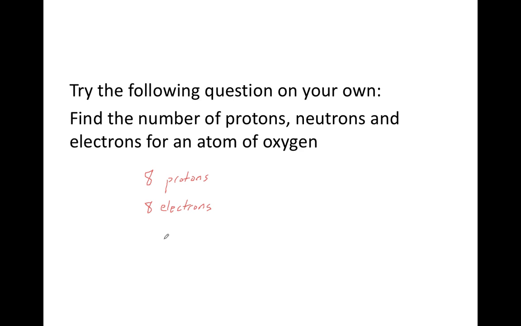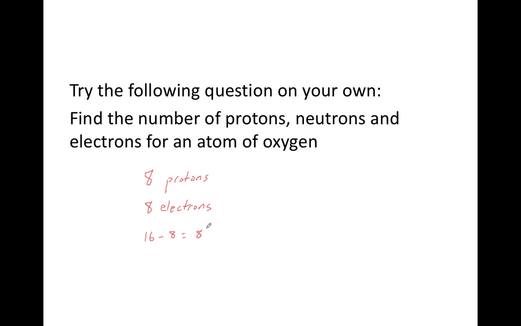And the number of neutrons equals the mass number minus the atomic number. So that's 16, the mass number, minus 8, the atomic number, which equals 8.